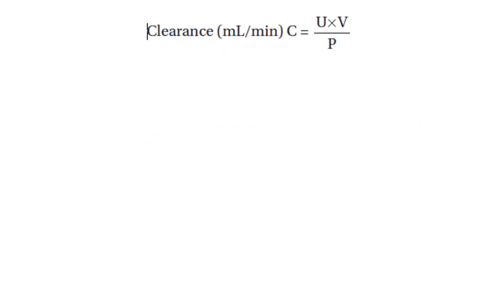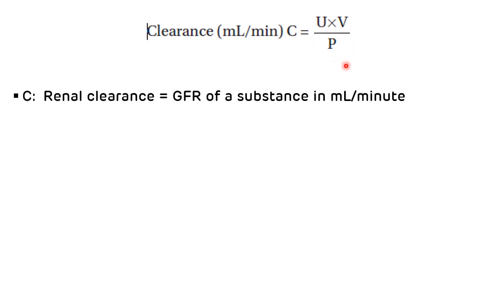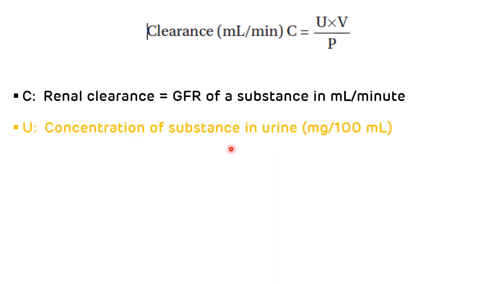The formula for the clearance test is C equals U multiplied by V divided by P, where C stands for renal clearance, that is the glomerular filtration rate of the substance in ml per minute. U stands for concentration of the substance in urine, in milligram per 100 ml.